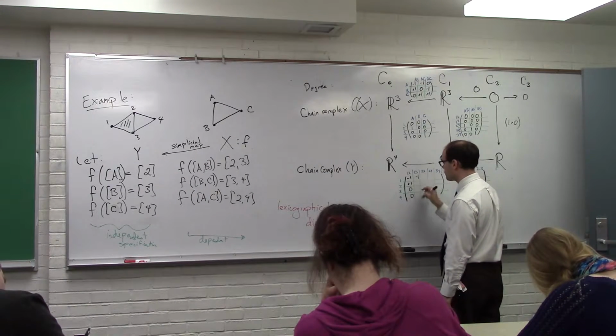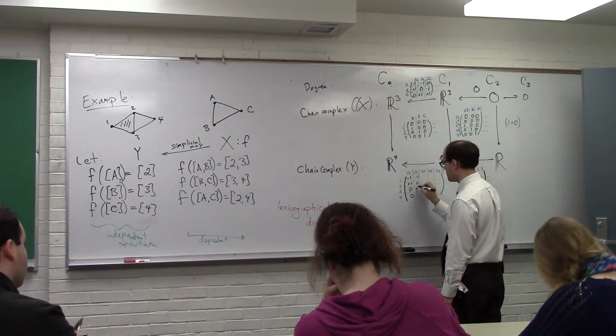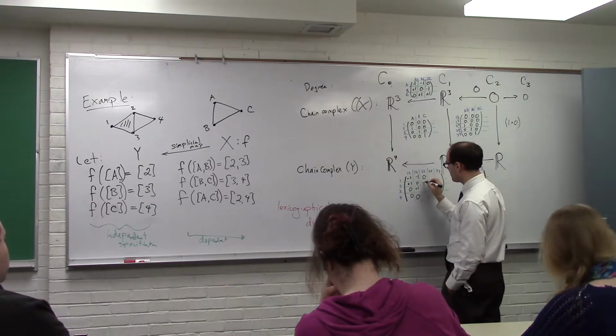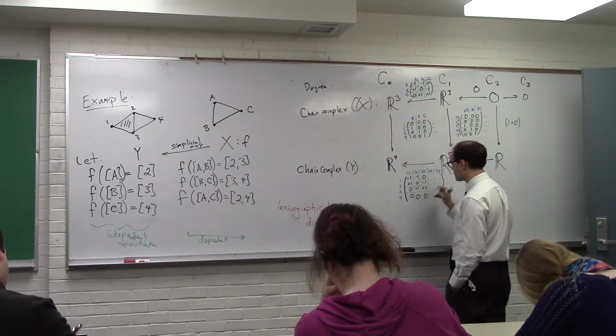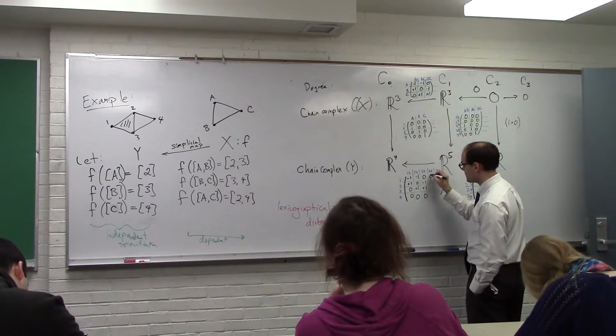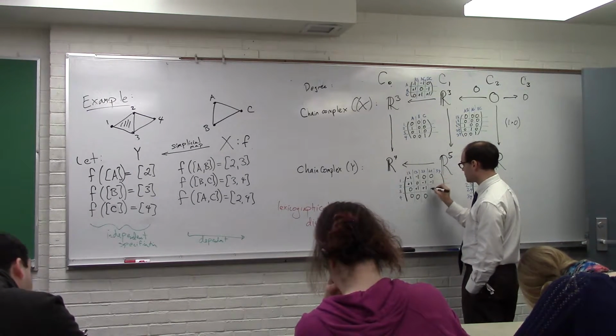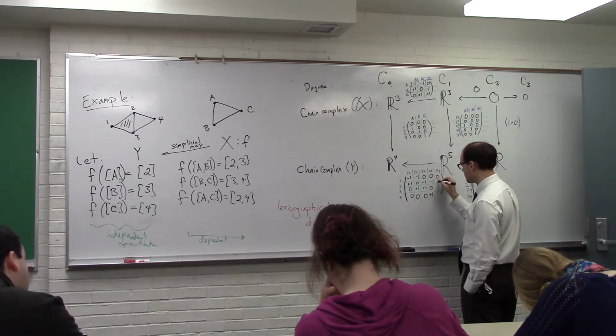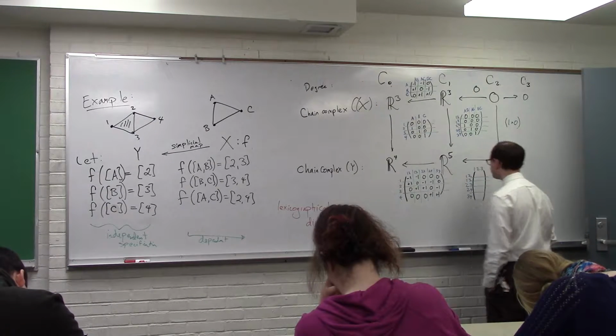This one should be a minus 1, 0, plus 1, 0. This one should be a 0, minus 1, plus 1, 0. 0, minus 1, 0, plus 1, 0, 0, minus 1, plus 1.